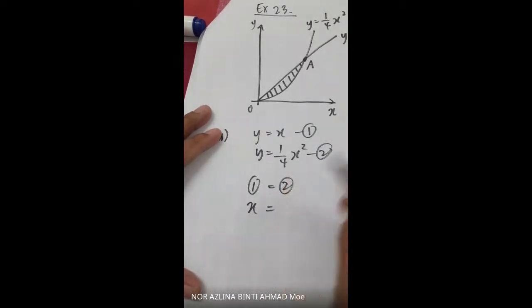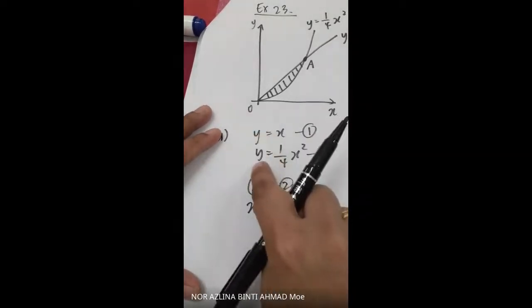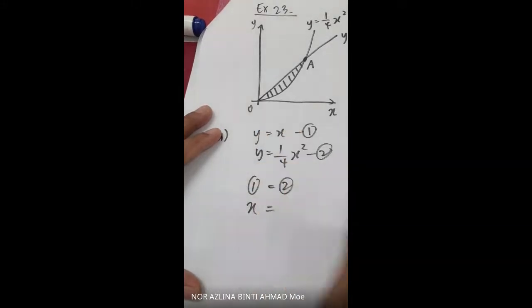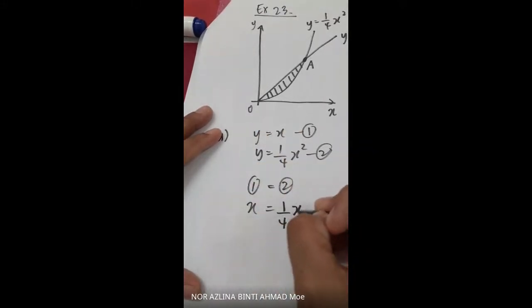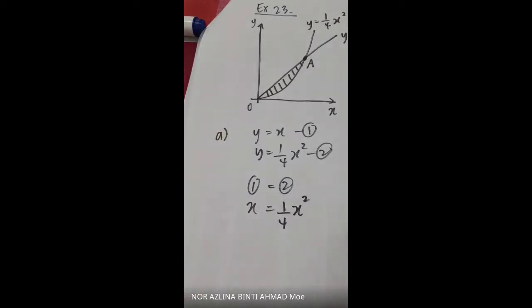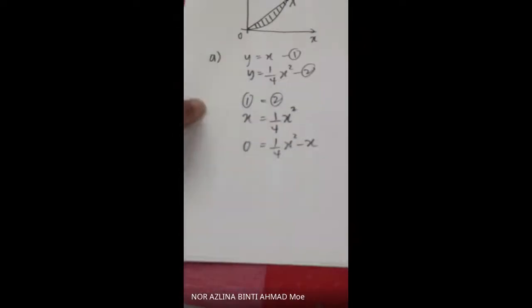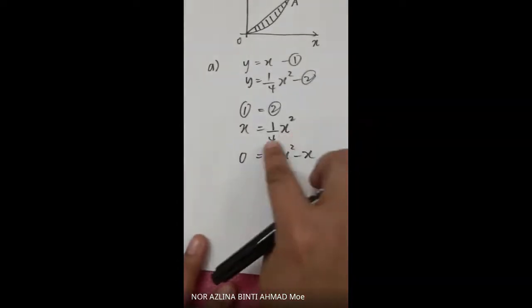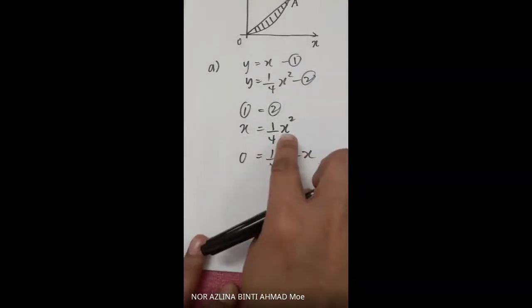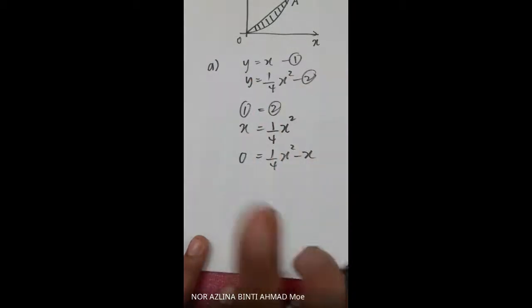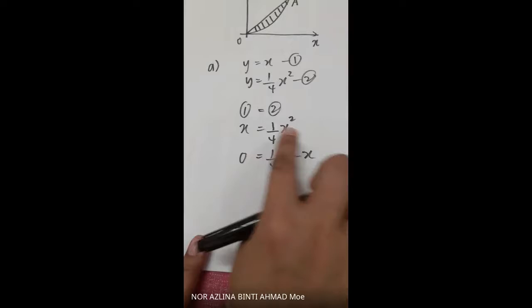So x equals, because this is y, when y equals 1, means x equals 1 over 4 x squared. Now, I bring x to the right hand side. You cannot simplify, you cannot divide x. If you divide x, one value of x will be missing. Okay, you cannot divide x.